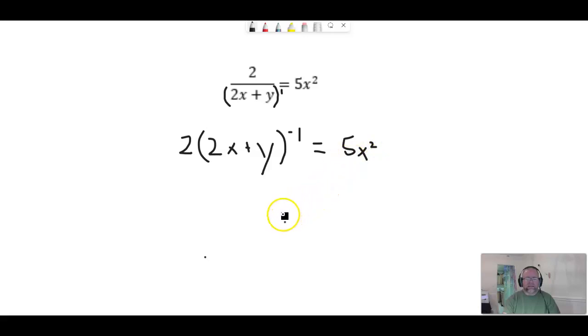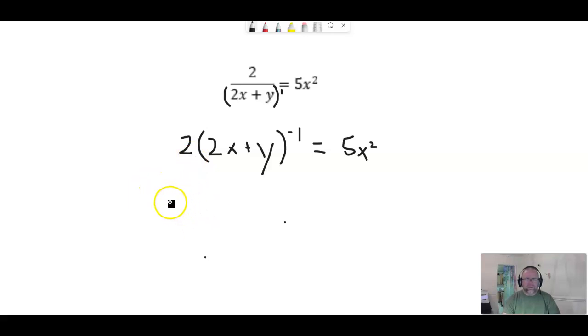The next thing I want to do is apply the chain rule here, because we have an outside function of the 2x plus y raised to the -1, and then we have an inside function of just the 2x plus y. We can use the constant multiple rule to take the 2 out and put it in at the end.